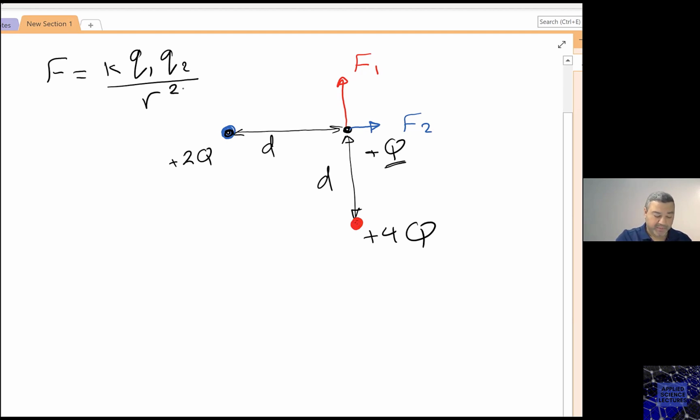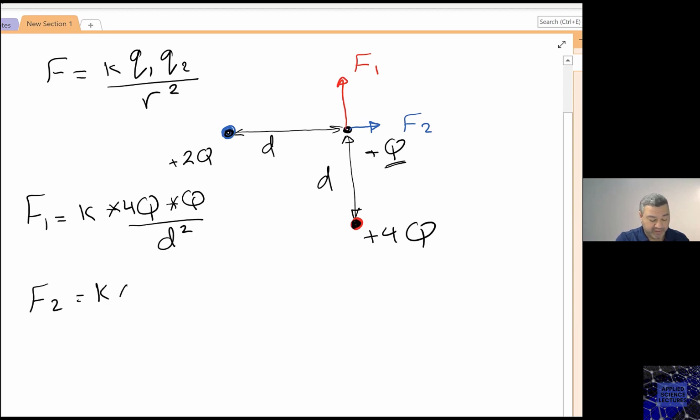In this case, if I write F1 as K, Q1 as 4Q, Q2 as Q divided by D squared, then F2 as K times 2Q times Q divided by D squared.